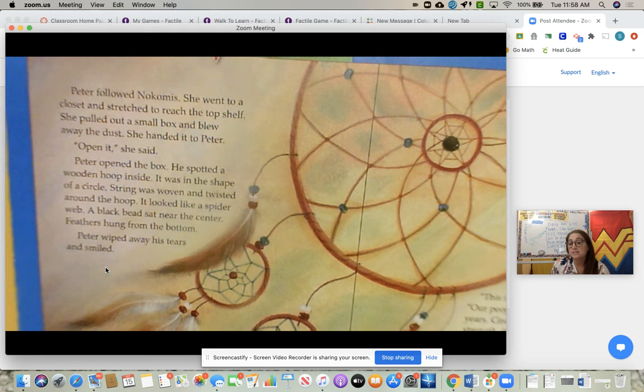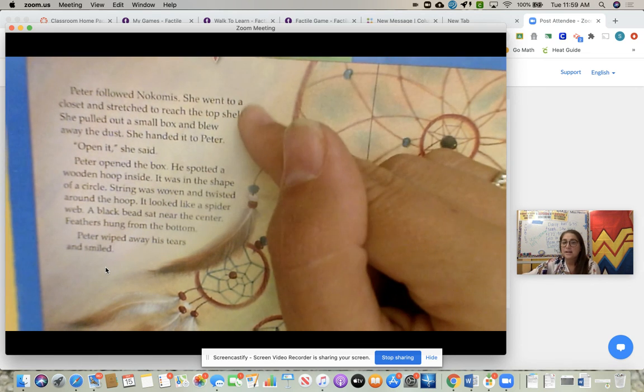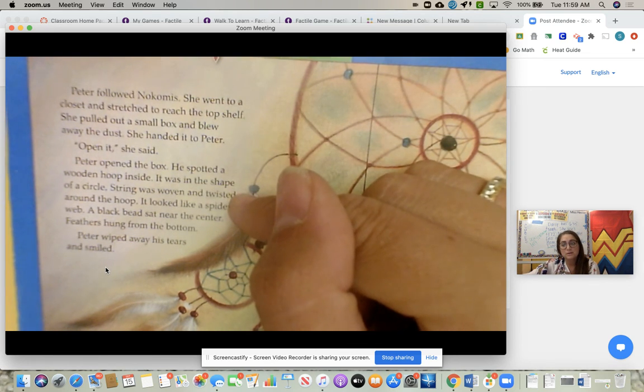So I asked students about sequence. What happened after Peter asked his grandmother to remind him of a tradition? So I want you to think about that. Well, you just name the events in order with transition words.